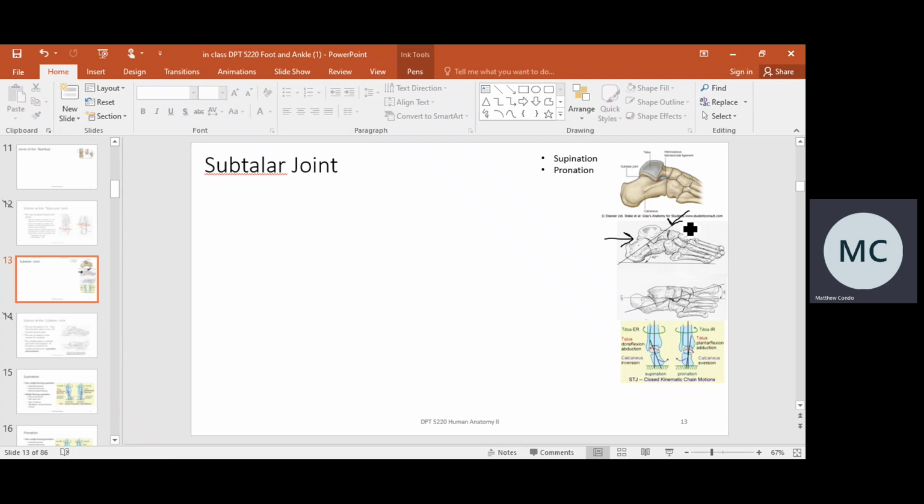So with the subtalar joint, we're going to have some very complex motions that happen at the subtalar joint. One of those motions is going to be supination. And I can't spell already.